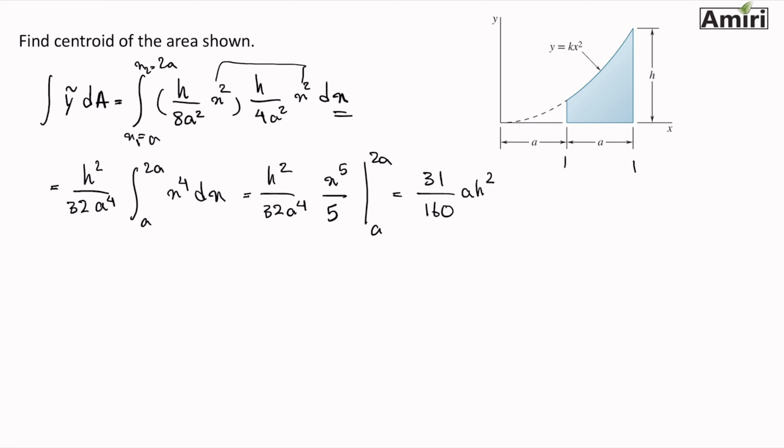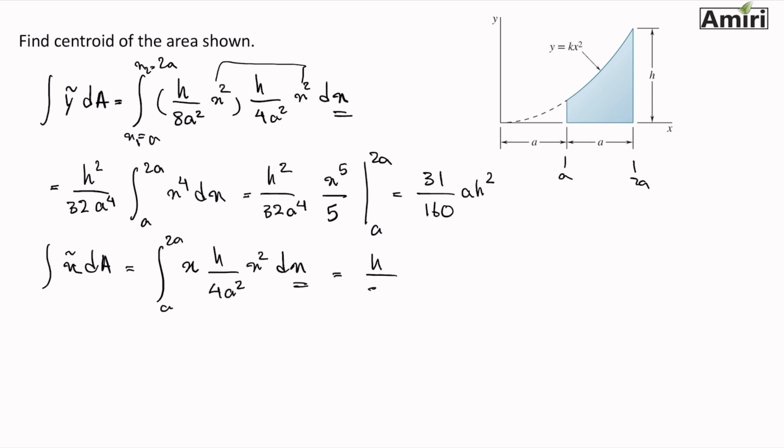Let's do the integral of x tilde dA. That's the next one I want. X tilde was just x, and dA was h over 4a squared x squared dx. I have dx, so bounds of my integral are going to be x again, from a to 2a, same as before. This will result in h over 4a squared integral from a to 2a of x cubed dx.